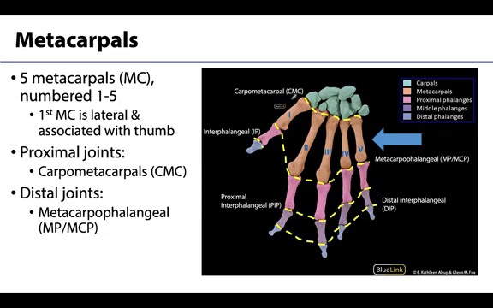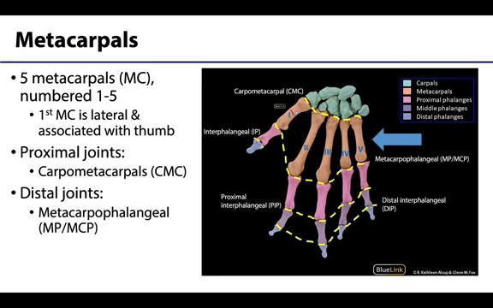There are 5 metacarpals, and they are literally numbered with the first metacarpal being the lateral most. So make sure you're thinking in terms of anatomical position, with the palms facing forward or anteriorly. And so that first metacarpal is associated with the thumb, and we know the thumb is lateral in anatomical position.